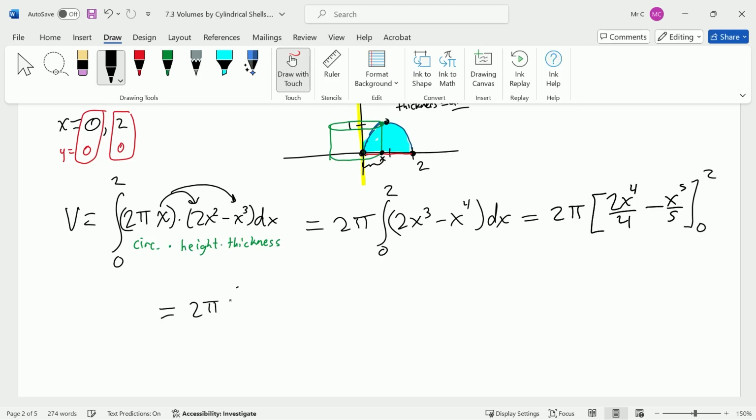That's 2 pi times 2 over 4 is 1/2, so 1/2 times 2 to the 4th minus 2 to the 5th over 5 minus, and when I plug in 0 for both terms, I get 0.